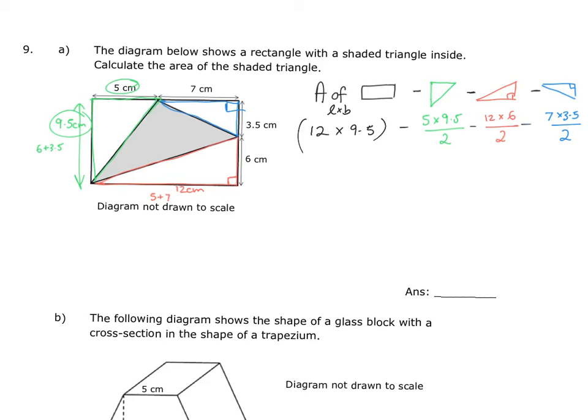Okay, so let's work them out using the calculator. This is 114. This is 23.75. And this is 36.